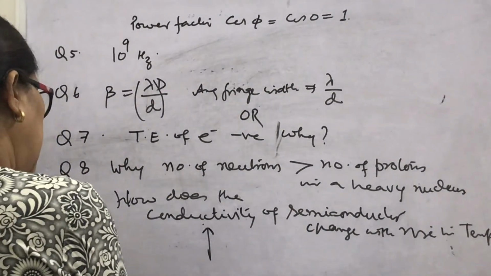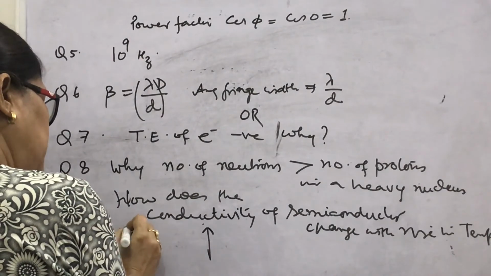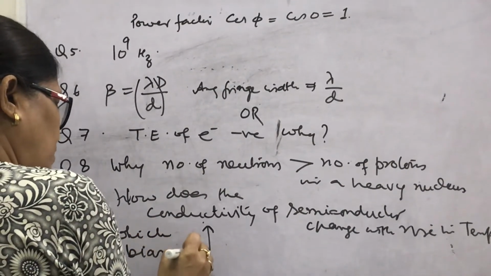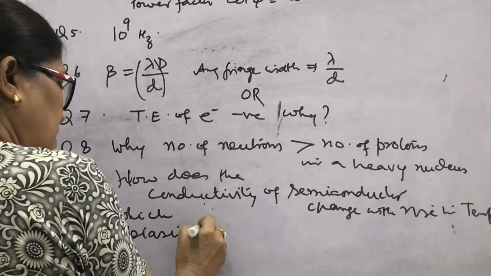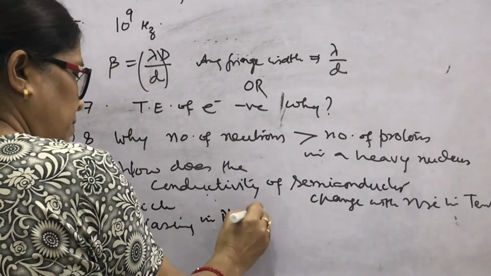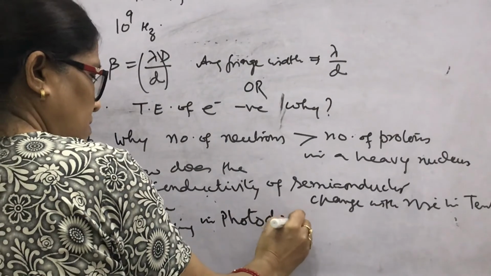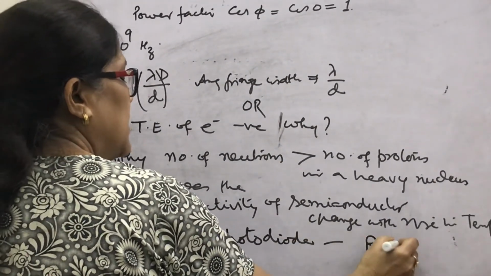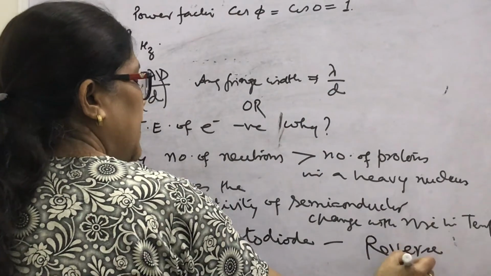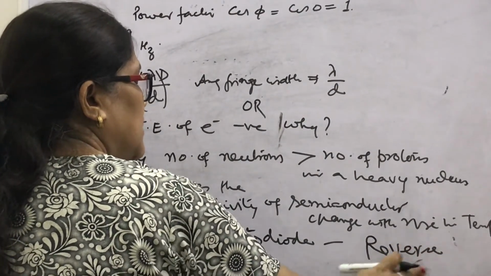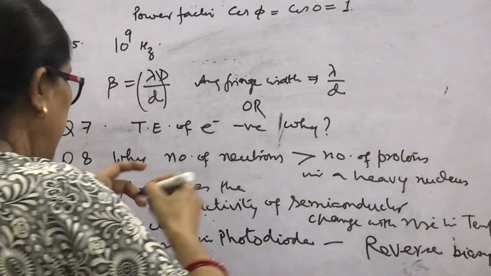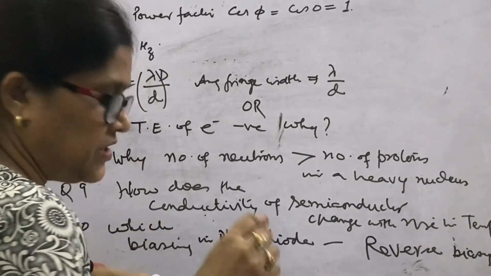So question 10, I am writing in short: which biasing in photodiode? What will be the answer? Reverse biasing. So in this way, these are the 10 questions which are very short.